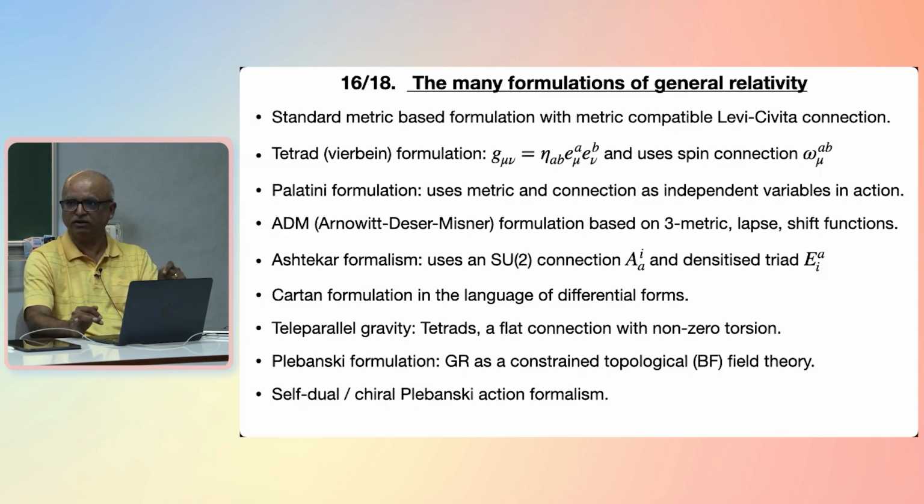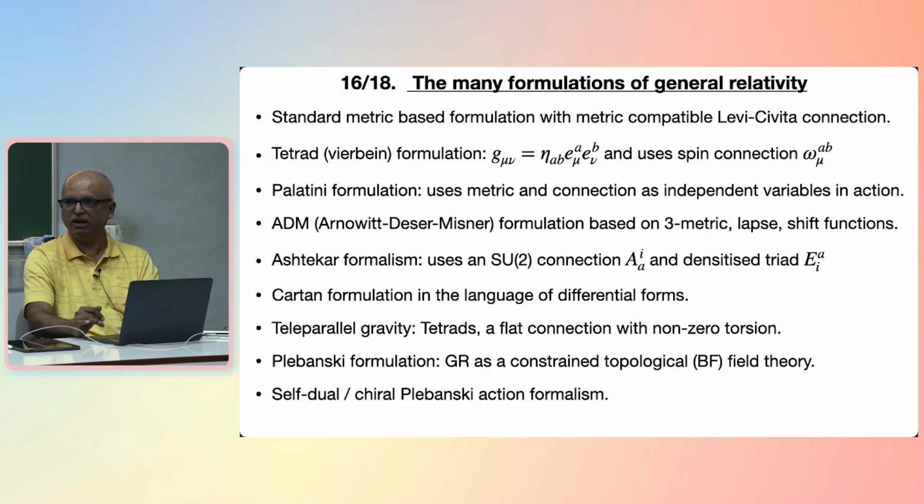E1 is the first vector, E2 is the second vector, E3 is the third vector, and E4 is the fourth vector. Each vector has 4 space-time components. Those are labeled by mu. You get the difference? The upper Roman A labels which vector. The lower Greek label tells the components of that vector.